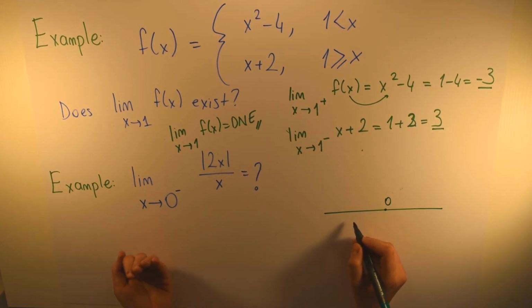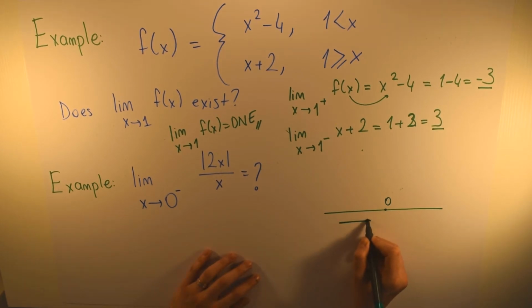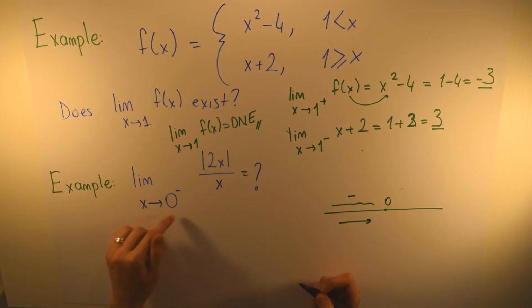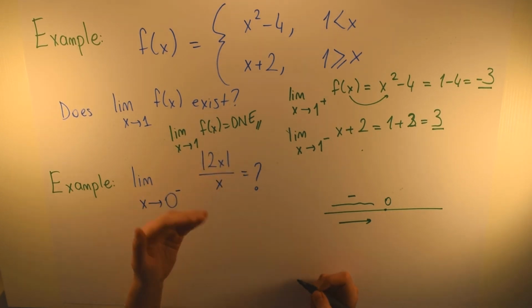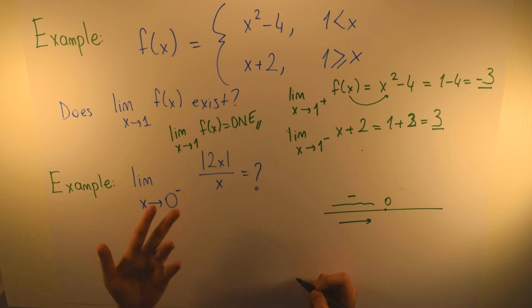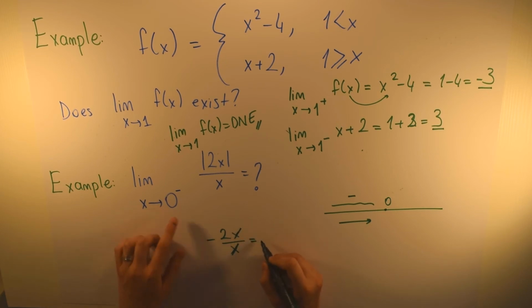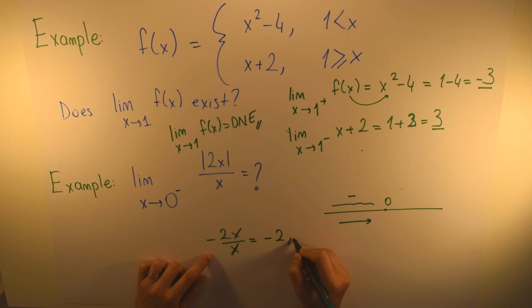So when you get closer to 0 from the left side, it means that these values are negative, right? So it means that the absolute value of 2x goes out as minus 2x. So it is minus 2x over x. Okay, so we can simplify these x's and our solution will be minus 2.